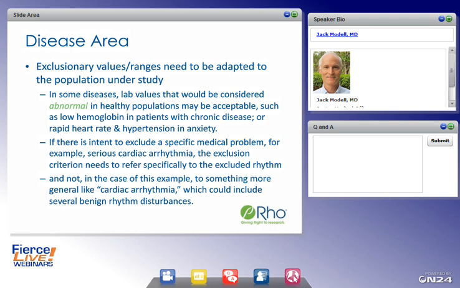Well, it's not, because there's an awful lot of them, and if we've got 200 or 300 people on this call, I would say, not to scare you, but probably at least 40 of you have some kind of arrhythmia right now. It could be a tachycardia, bradycardia, PVCs, PACs, yet you all may be appropriate to be used as healthy test subjects. So please be very specific about what you're trying to exclude and know why.